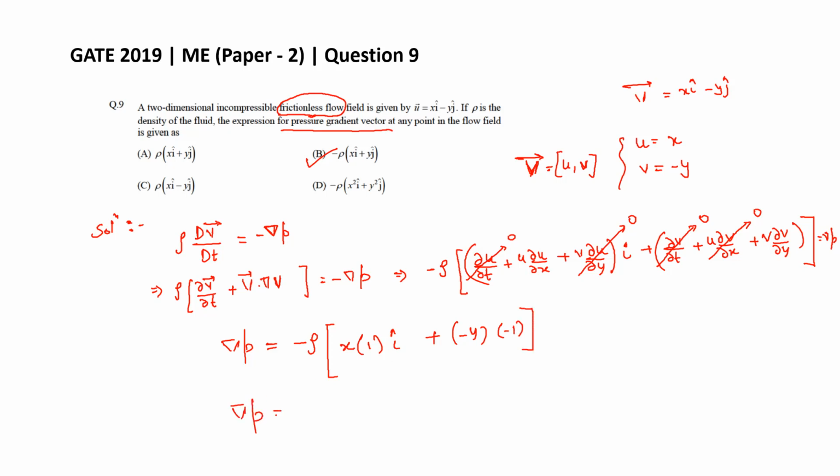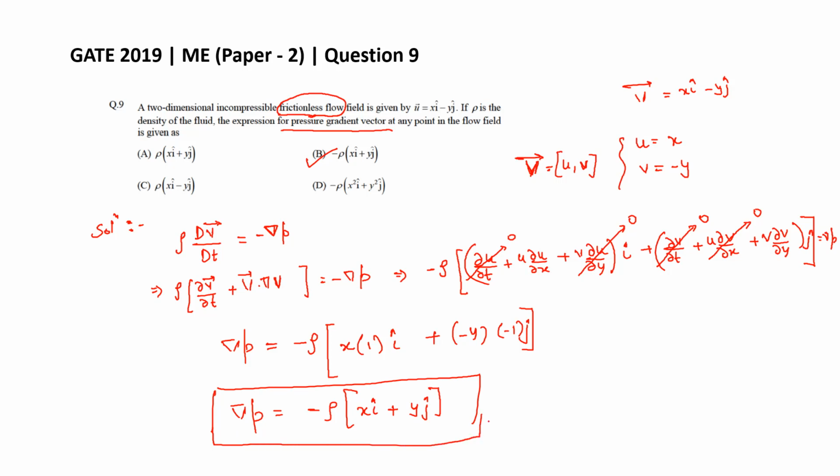So then this grad of p becomes minus rho times x i cap plus y. Okay, there will be a j cap here. I should not forget the j cap. Yeah, y j cap, and this is the final expression for your pressure gradient vector. So then this matches with, yeah, B option, I suppose.